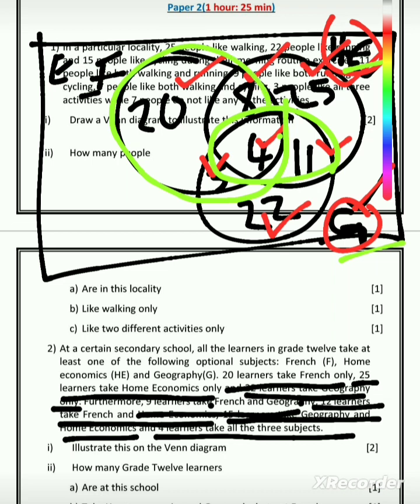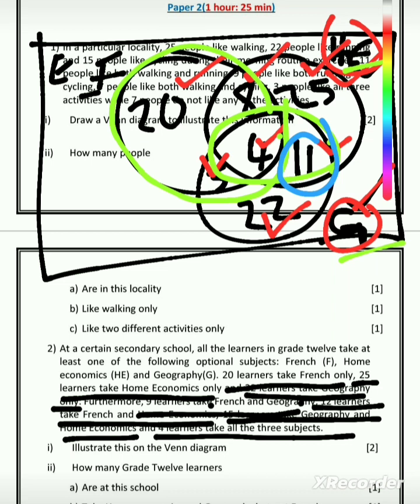So these are the ones who are taking French, meaning that we are remaining with 11 here. Okay, so it's just 11. It's the one that is between geography and home economics, but not in F.